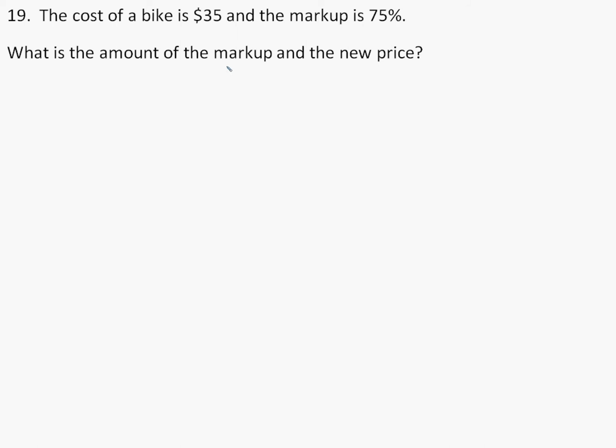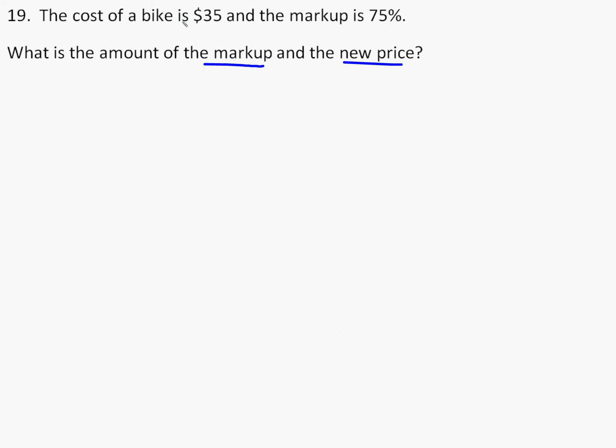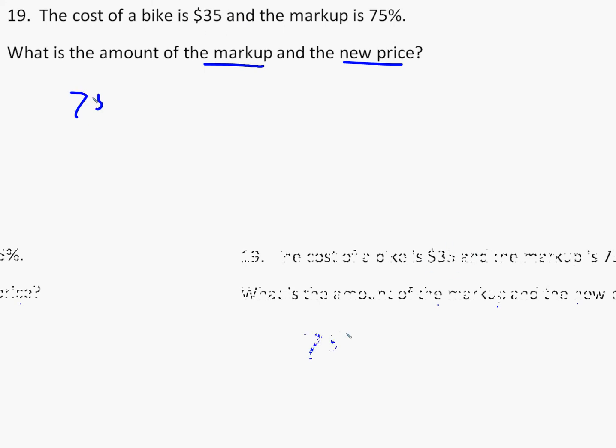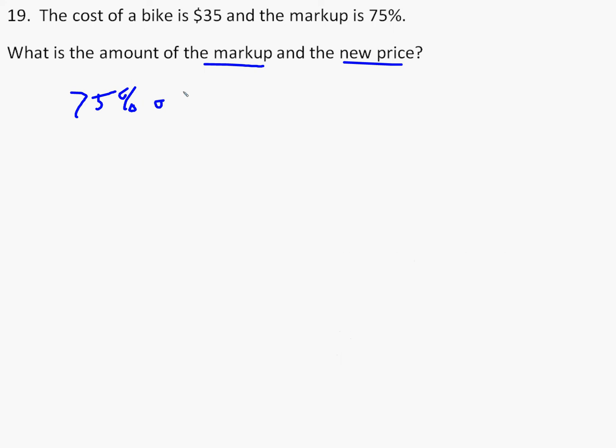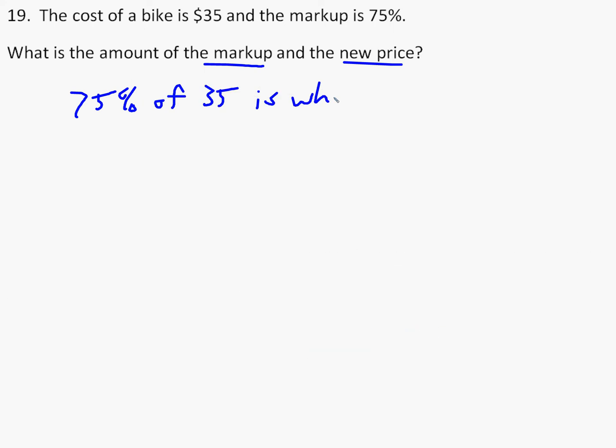We want to find two things: the markup and then the new price. It's a 75% markup, so we want to find 75% of $35. That will give us our markup.